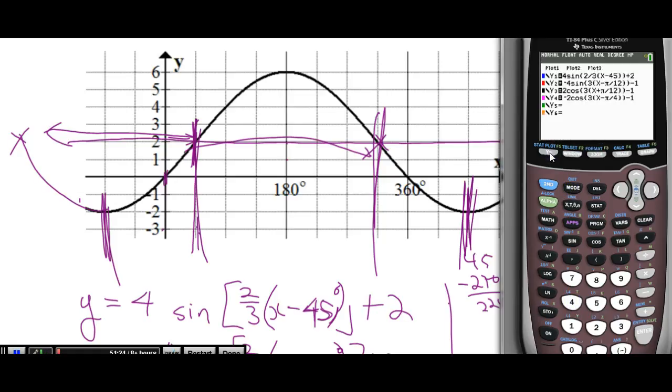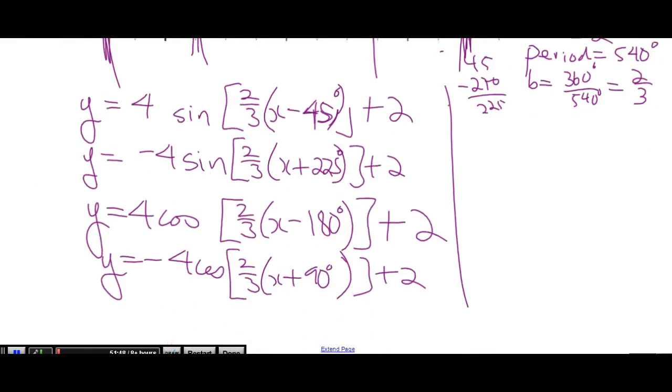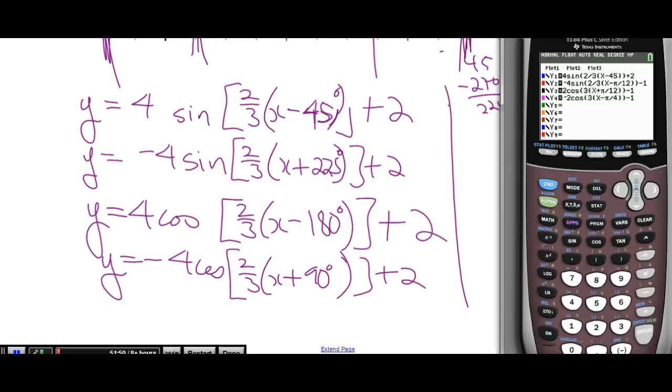That was the wrong key. 2/3 x. Okay. Plus 225, plus 225, plus 2.